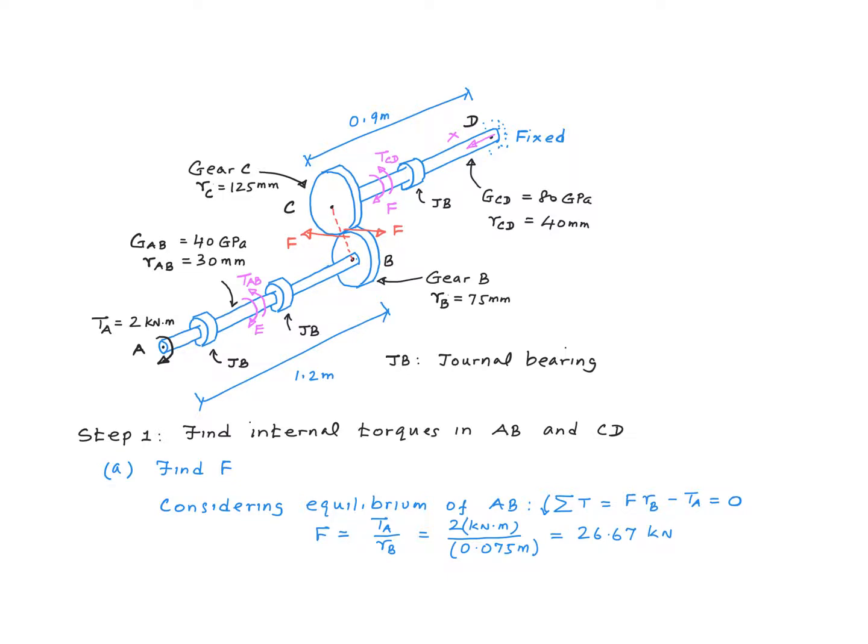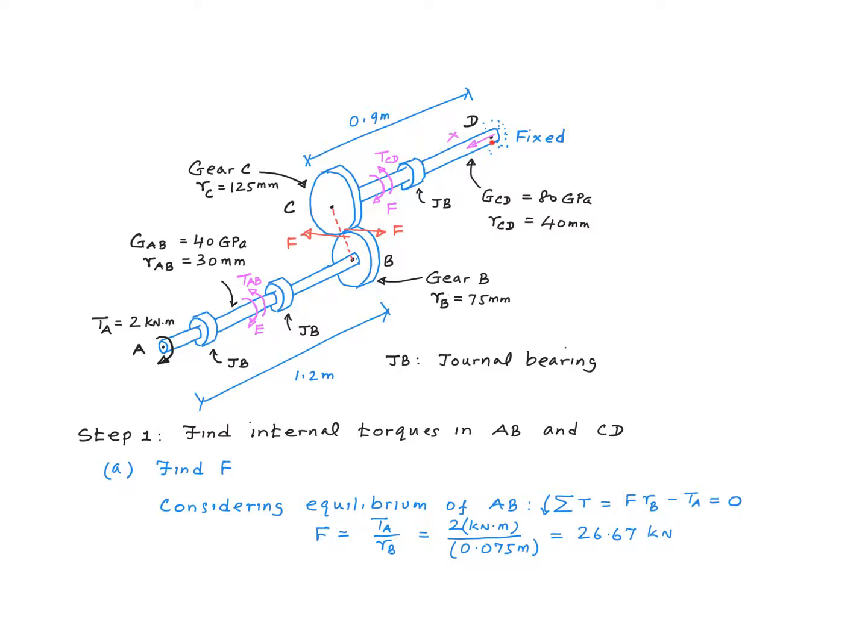Now I'm going to section the shaft AB at point E, separate that into two parts, A to E and E to B, and mark the internal torques at point E. So I'm going to mark this in the counterclockwise direction with respect to the x-axis. In other words, on this part, it'll be the counterclockwise direction.